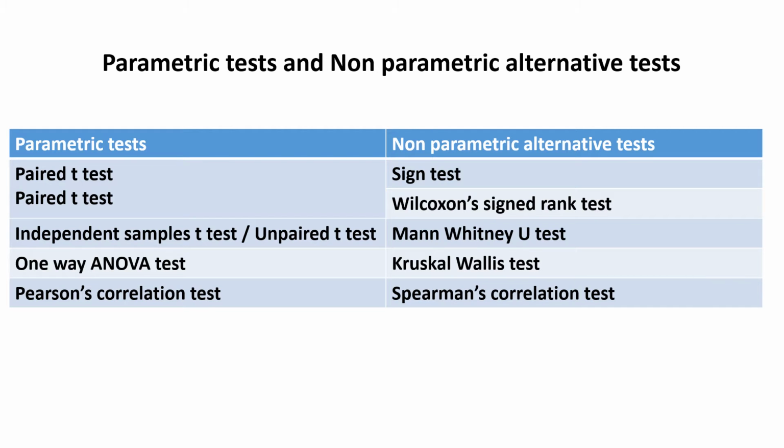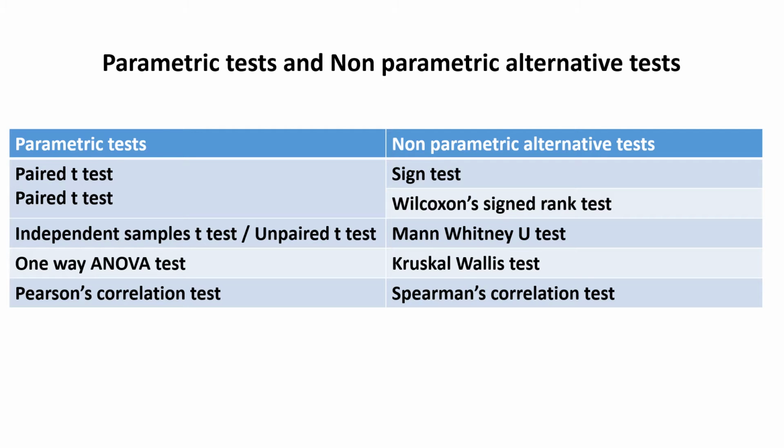Okay, now we can go through some non-parametric tests. On the left side are the names of the parametric tests, and on the right side are the non-parametric alternatives. The left side tests can be applied when data is normally distributed. The right side non-parametric alternative tests are applied when data is not normally distributed.